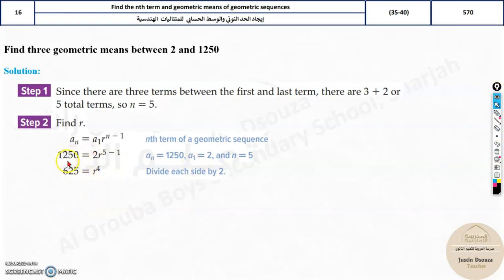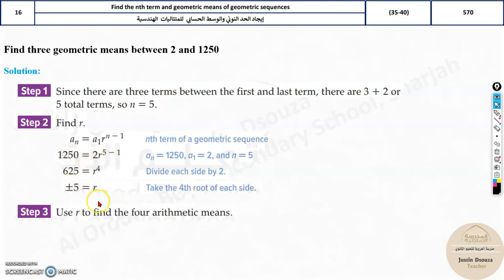Otherwise, the way to do it is to simplify this. Take the 2 to the other side. It will be divided by 2. So you'll get 625 equals r to the power 5 minus 1, which is 4. And the fourth root on both sides will give you r. Over here it will be plus or minus, because this is an even power.